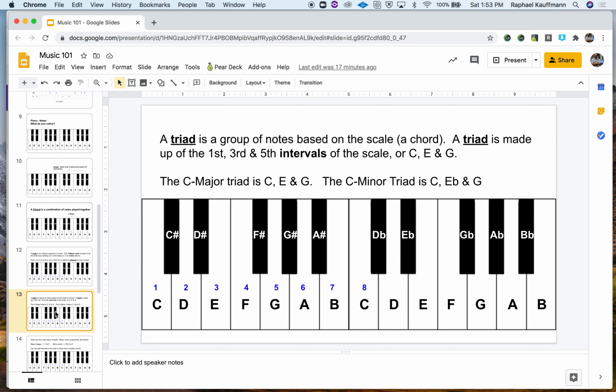Now, that group of notes is also called a triad. A triad is made up of the first, third, and 5th intervals of the scale.